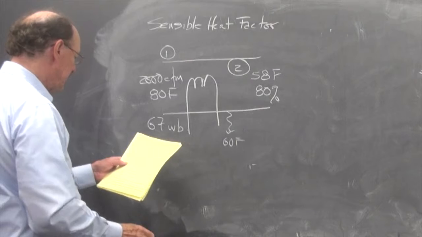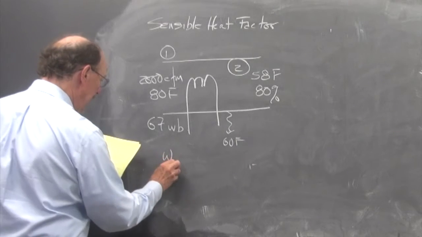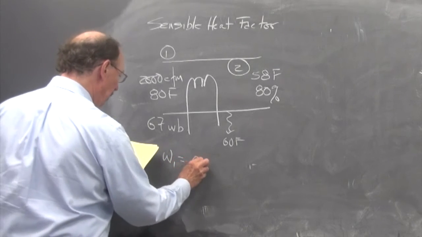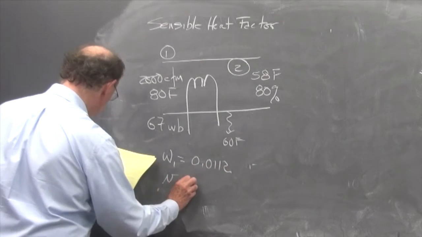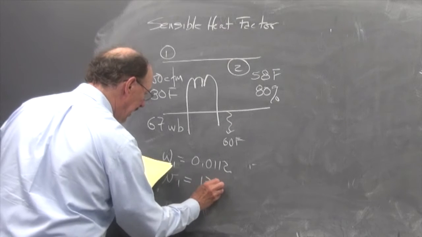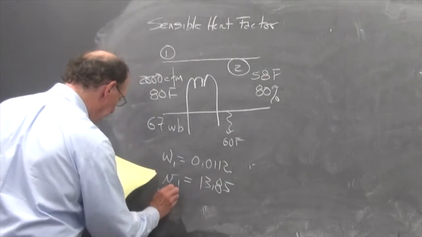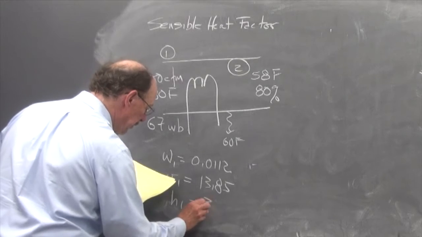If I look at that as state 1 and state 2, omega 1 is equal to 0.0112. Specific volume 1 is equal to 13.85, and H1 is equal to 31.6.